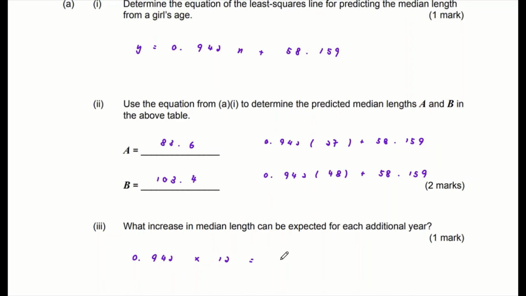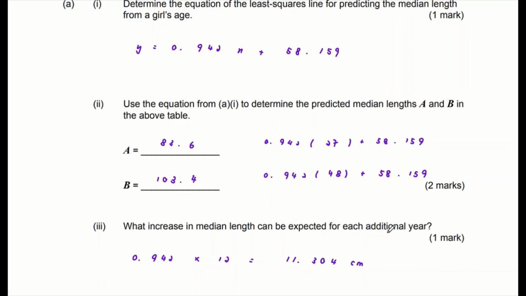You can round it off or not, it is totally fine. If you want to keep the answer in three decimal places, then it will be 11.304 cm. So for every year, the median length for the girl will increase by 11.304 cm. Okay, so that's the idea.